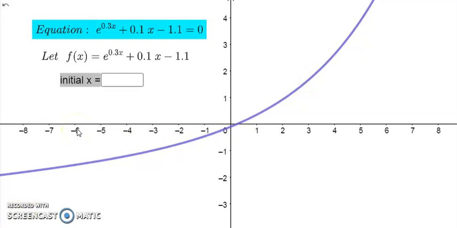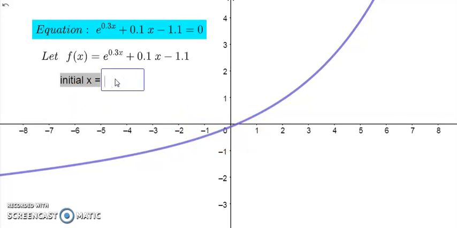Now, to start the Newton-Raphson method to approximate the solution of the equation, or the x-intercept of the graph, we need one initial value. Graphically, we can see that the x-intercept of the graph is between 0 and 1. So usually in this case, we consider the first approximation as the midpoint of 0 and 1, or the average of 0 and 1.